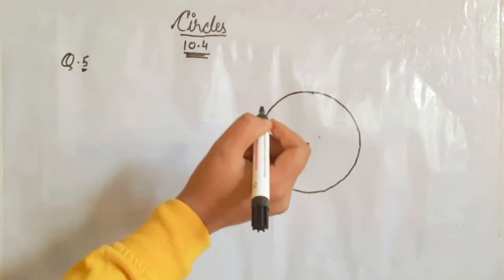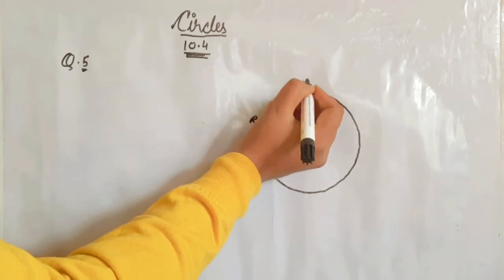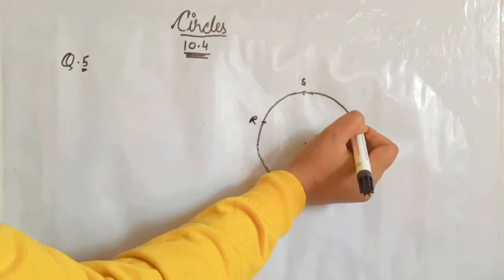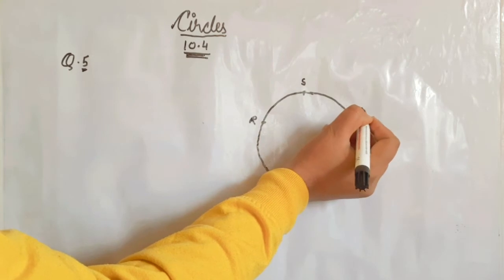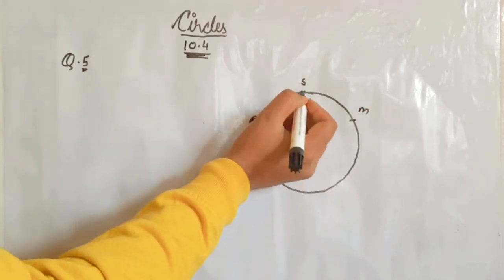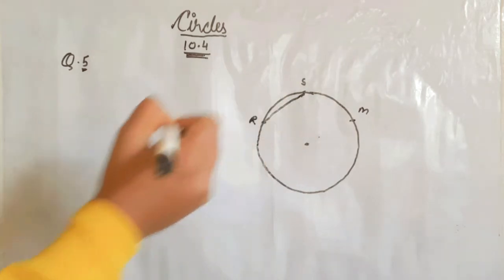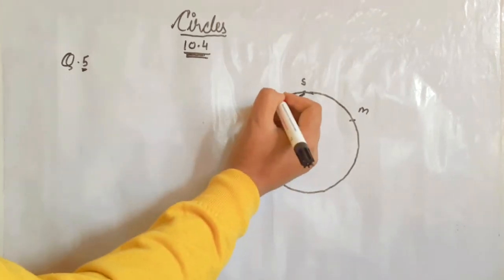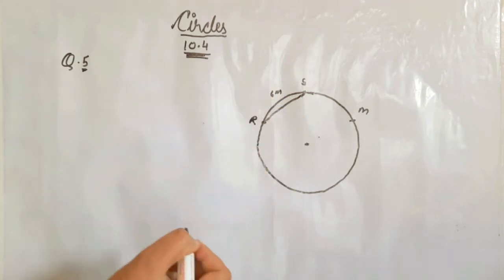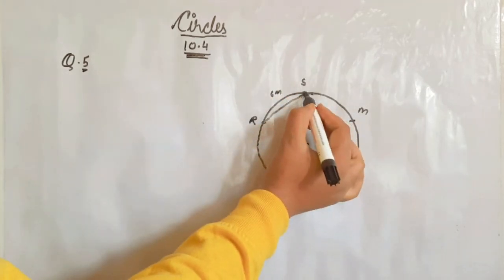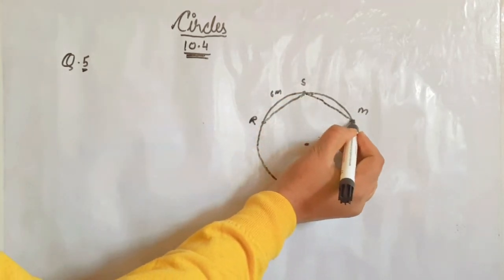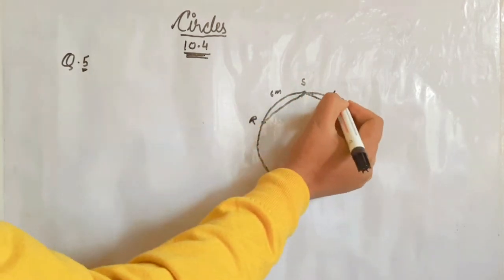If the distance between Reshma and Salma and between Salma and Mandeep is 6 meter each, let R be Reshma, S be Salma and M be Mandeep. What does the question say? The distance between Reshma and Salma is 6 meter, and the same distance between Salma and Mandeep is 6 meter.